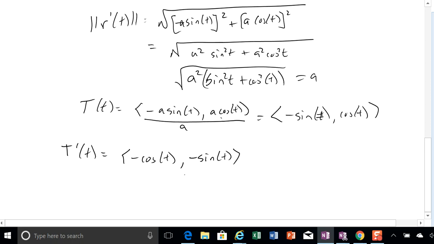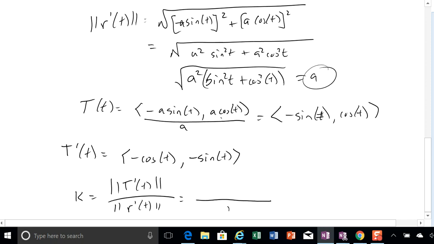So that is our T prime of t. The curvature would be the magnitude of T prime of t divided by the magnitude of r prime of t. And we found the magnitude of r prime of t earlier. It's right up here, it's a.